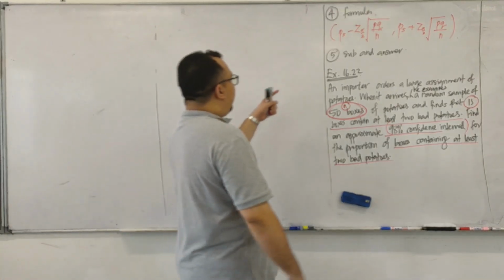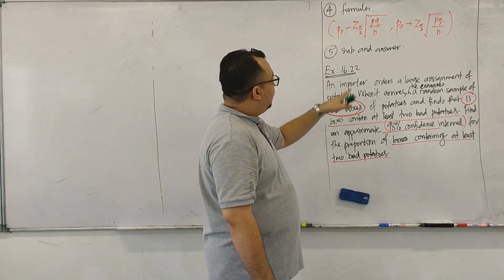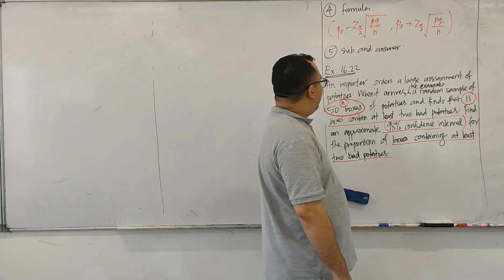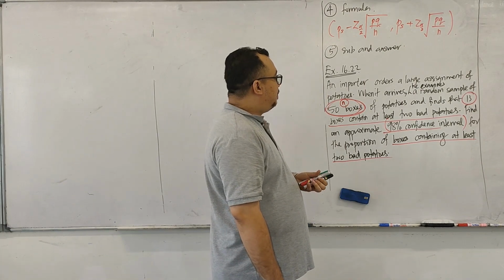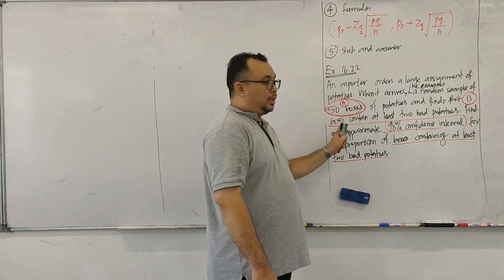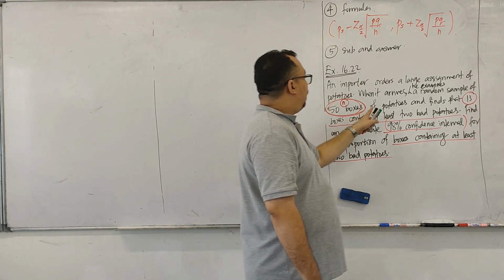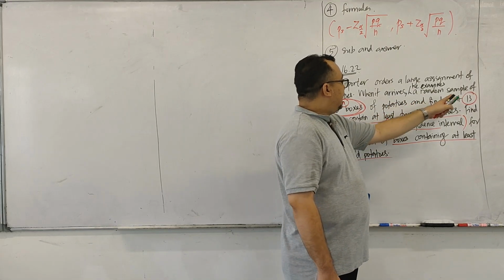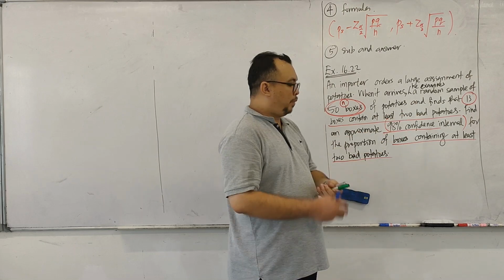Okay, let's look at example 16.22. An importer orders a large consignment of potatoes. When it arrives, he examines a random sample of 50 boxes. So these 50 boxes will become your N of potatoes, and finds that 13 boxes contain at least 2 bad potatoes.